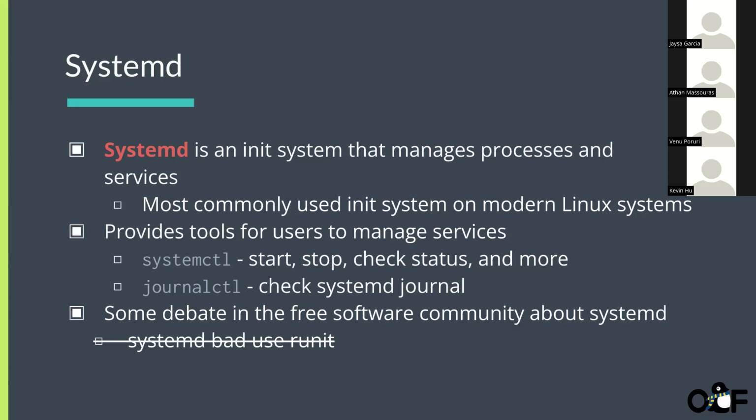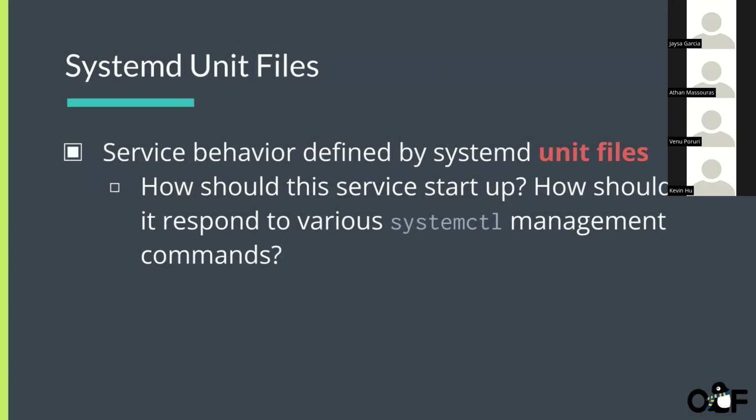The actually important thing is the two tools that you'll use: systemctl and journalctl. Those are the two commands that you'll be typing a lot of the time on Linux. Basically the way you make a systemd service work is you create what's called a unit file.